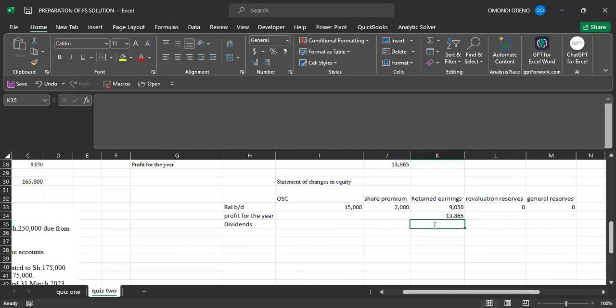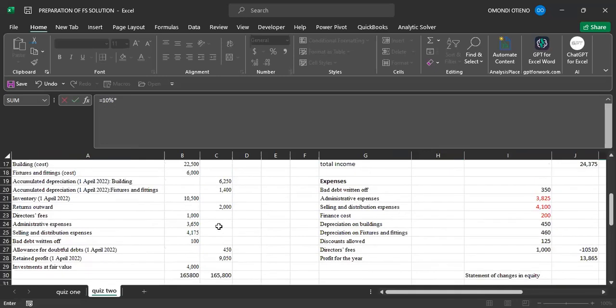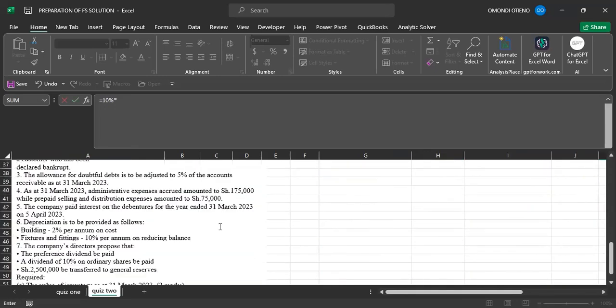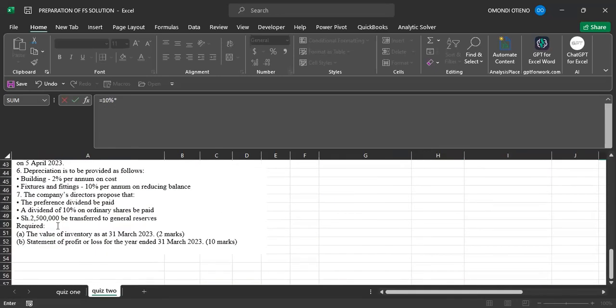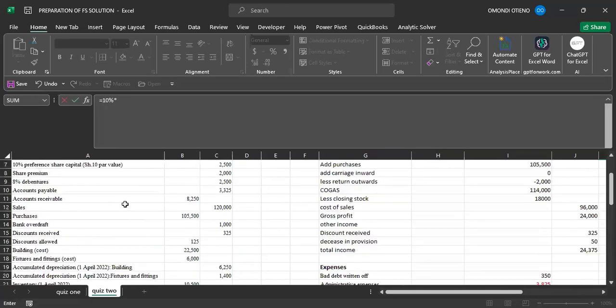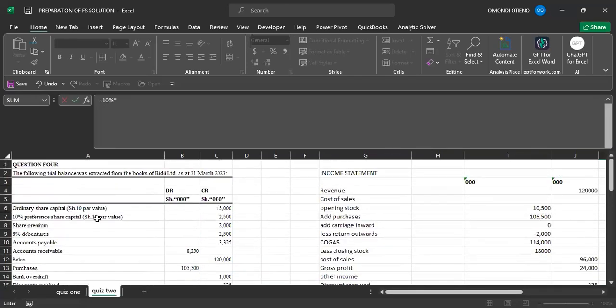So dividends will be 10% of ordinary share capital.